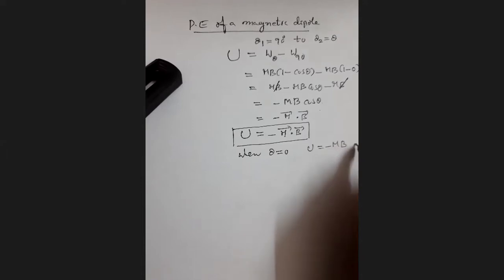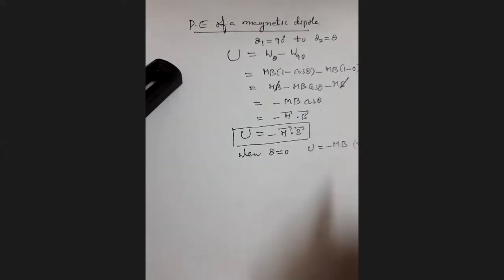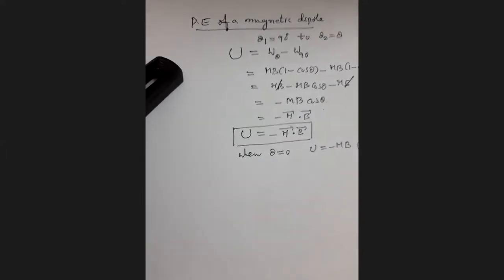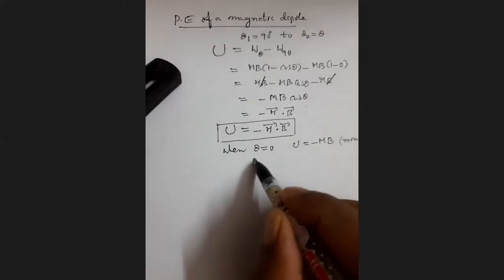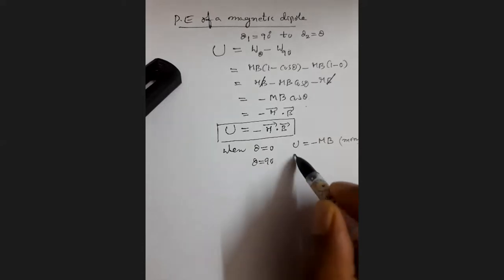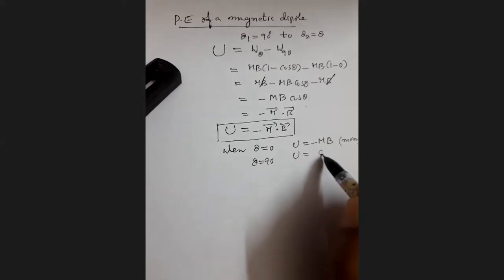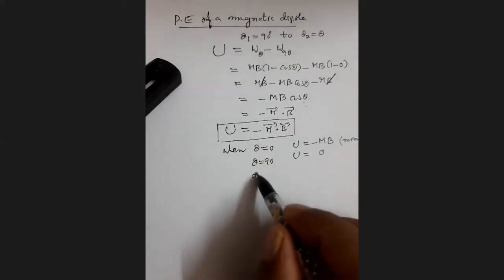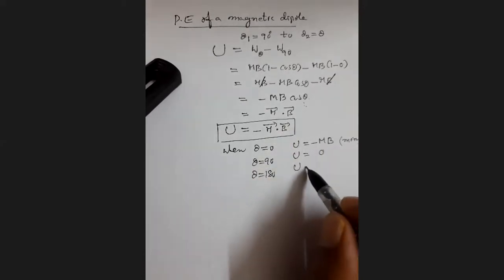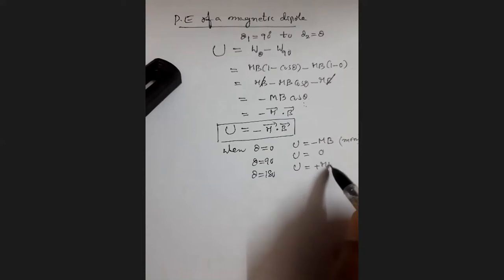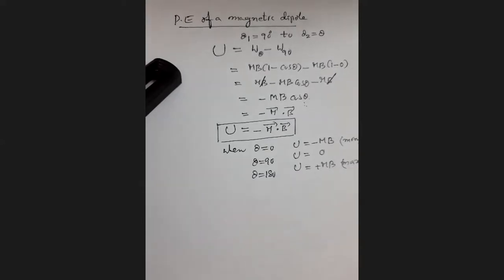This is the minimum value. The possible minimum potential energy value is minus mB. When theta equals 90 degrees, then U equals 0, cos 90 is 0. For theta equal to 180 degrees, cos 180 is minus 1, then you will get U equal to plus mB. This is the maximum potential energy value, right?